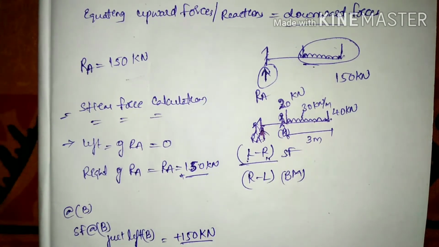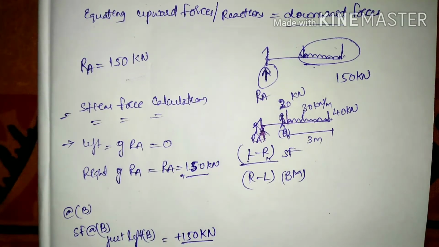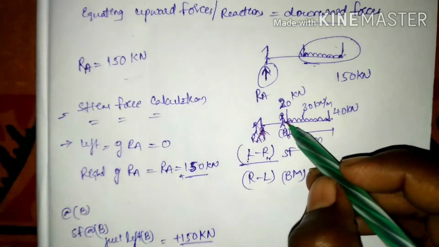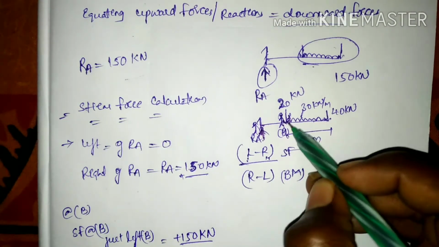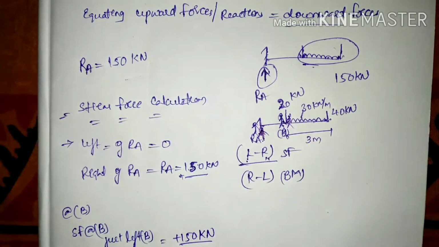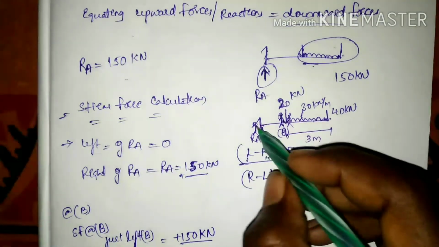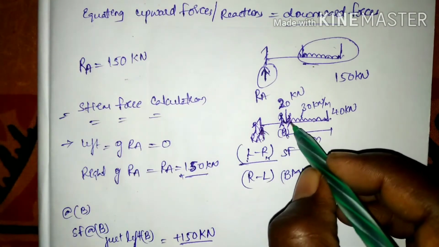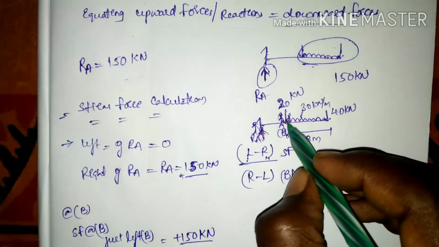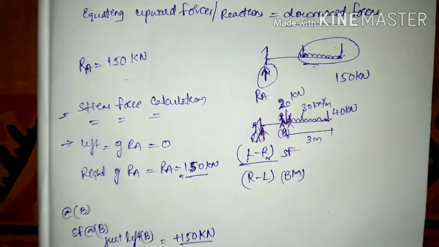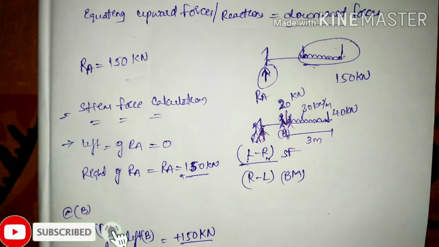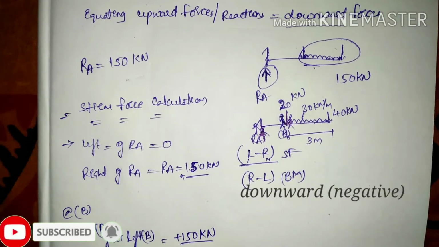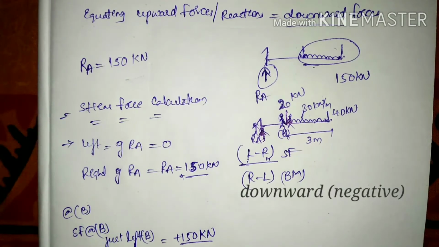Shear force at B, just right to the B. A point load acts just right to the B, so after moving to the right of B, I find a downward force, that is the point load with a magnitude of 20 kilonewtons. That leaves 130 kilonewtons.